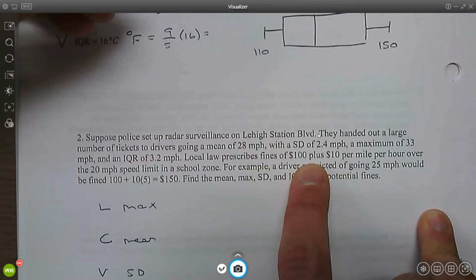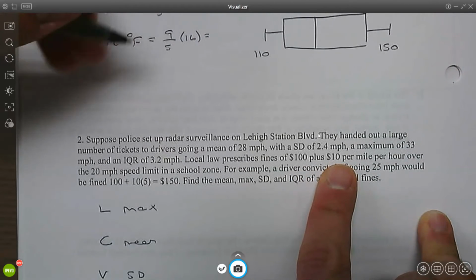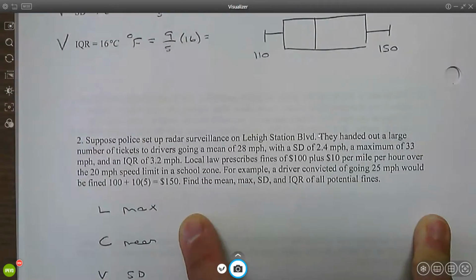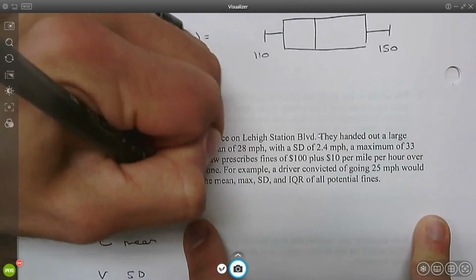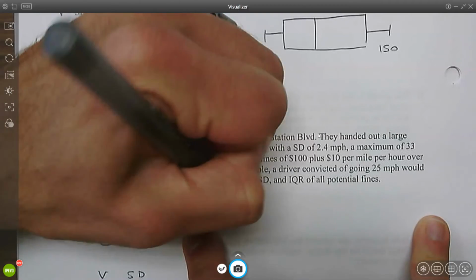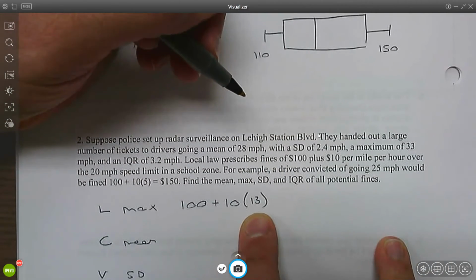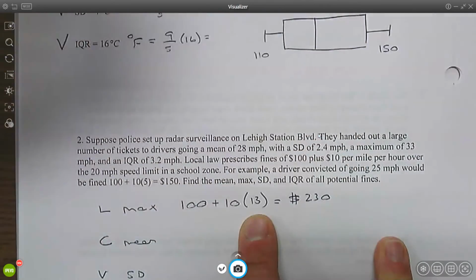So it's automatically $100 plus $10 per mile over the limit of 20 miles per hour. So the max they told us was 33. So it's going to be $100 plus 10 times 13. They're going 13 miles an hour over the limit of 20. This fine is going to be $230.